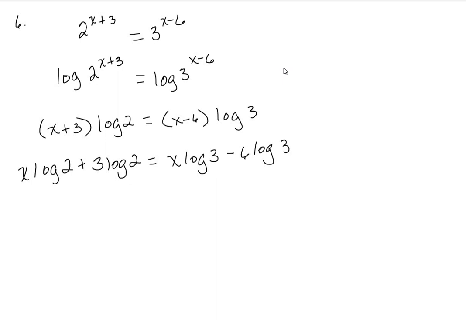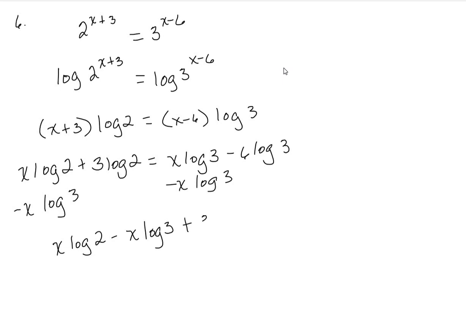So I'm going to subtract x log 3 on both sides so I can get the x's on the left-hand side. So I have x log 2 minus x log 3. And I still have this constant here of plus 3 log 2. And that's going to equal negative 6 log 3.